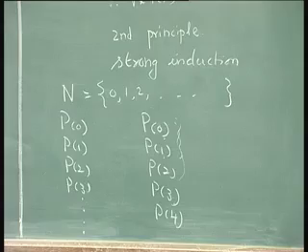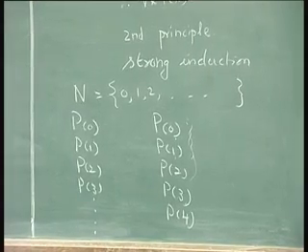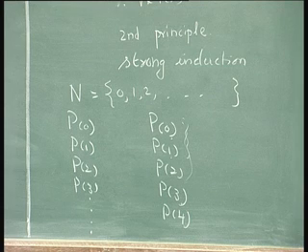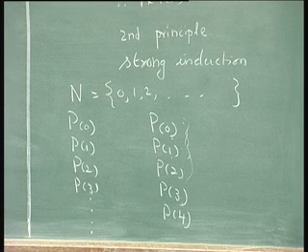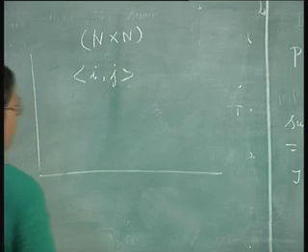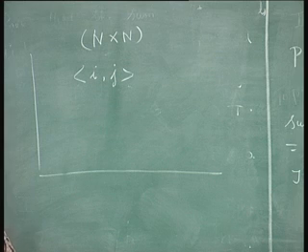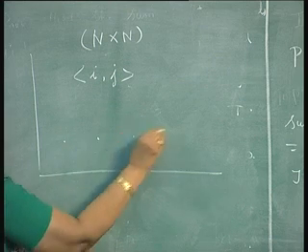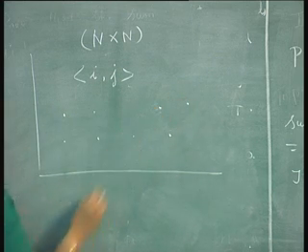One such thing is the set of ordered pairs N cross N. If you take the underlying set as the set of ordered pairs N cross N, it consists of integers (i, j), and if you look at the plane, they can be seen as grid points.